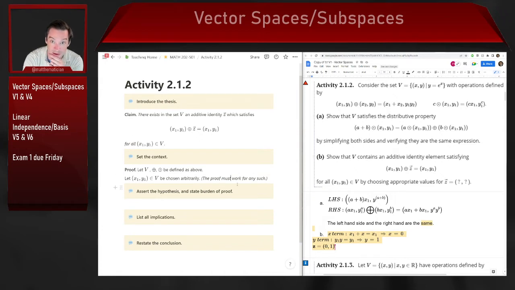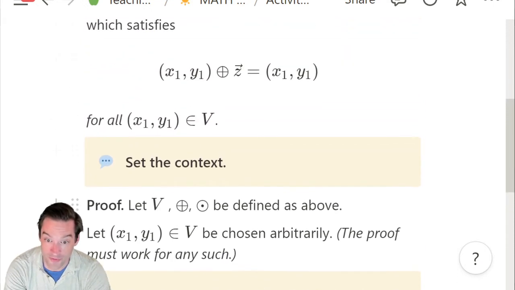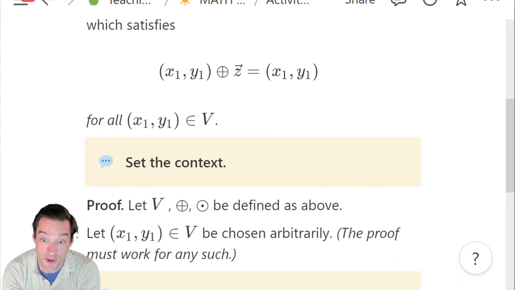So setting the context, we need to sort of say what V and my funny addition and funny multiplication are. I'm just going to say they're defined as above. And then we'll also say, let's choose x1, y1 in V arbitrarily. So the proof that we write after this needs to work no matter what x1 and y1 are chosen right there.